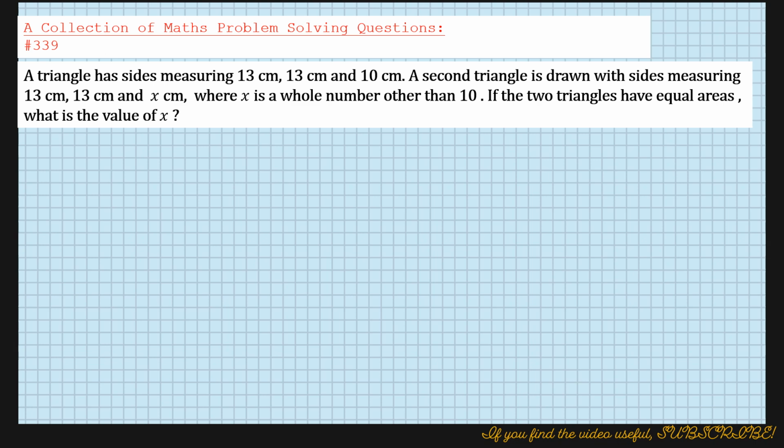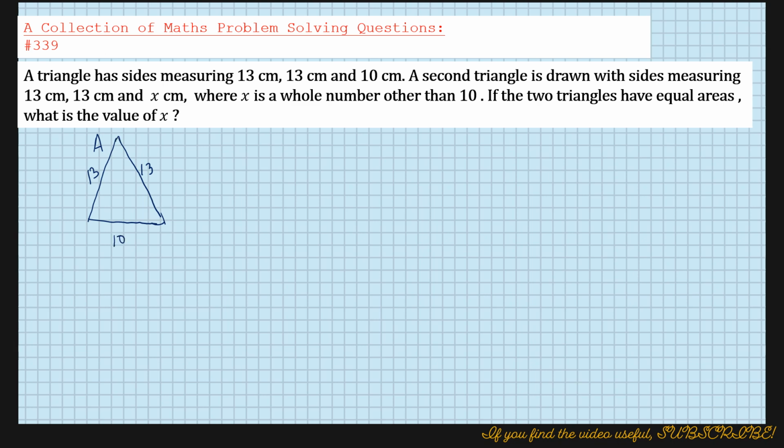So for this question, if we draw the triangle, it's going to be an isosceles triangle, the first triangle, and we call it A. So this is triangle A, and this is 13 and 13, and 10 centimeters the base.